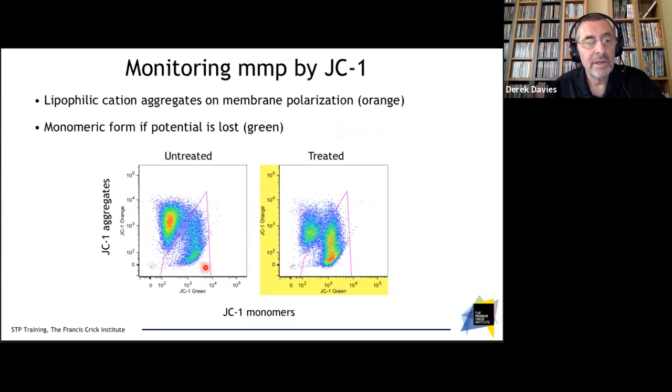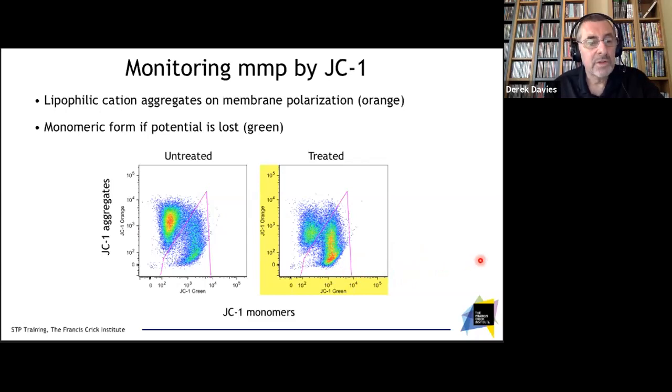The JC1 remains as monomers and we get a green fluorescence. The problem with this, of course, is it's now going to take up 2 channels in your flow cytometer. So again, this is going to be an important consideration in your experimental design. And because JC1 fluoresces green, it's not something that's very easy to use with GFP expressing cells, for example.